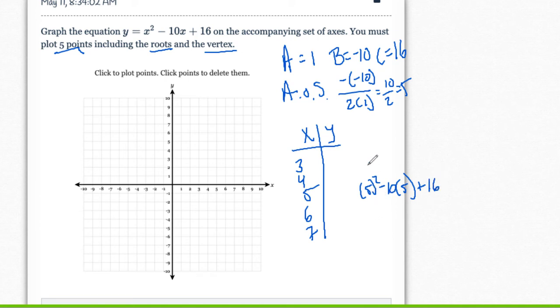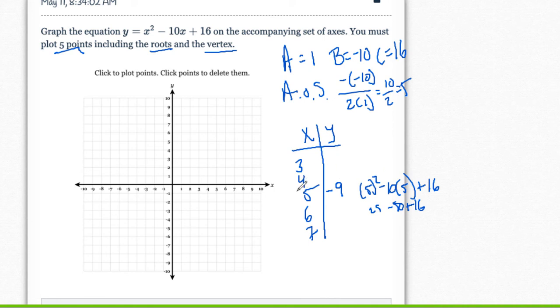So 25 minus 50 plus 16 is going to be negative 9. I'm going to use 4 and 3 because 6 and 7 are larger numbers and mathematicians are lazy. So I'm just going to do these in my head.